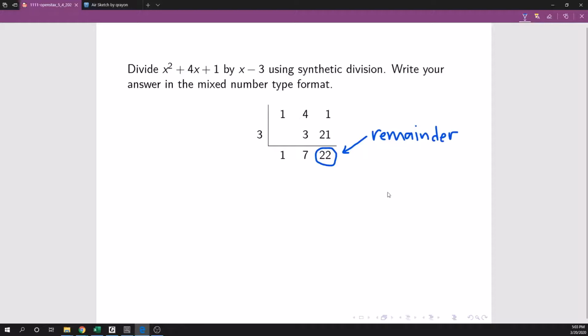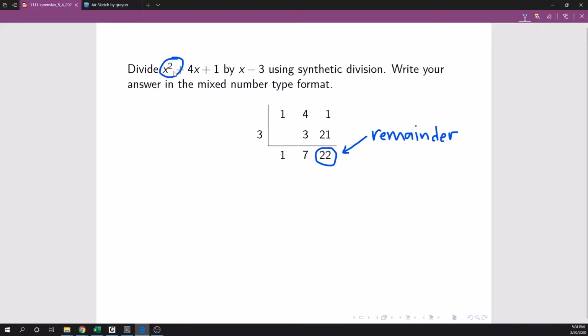Always. All right, and so then how do you get the other part? The other part is that this polynomial that we divided by was x squared. It was a second degree polynomial. So what happens when you do synthetic division, because you're always dividing by a degree 1 polynomial, the quotient, this part right here, always has a power 1 less than what you started with.